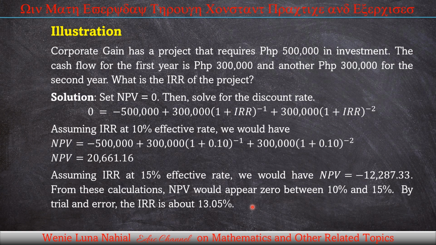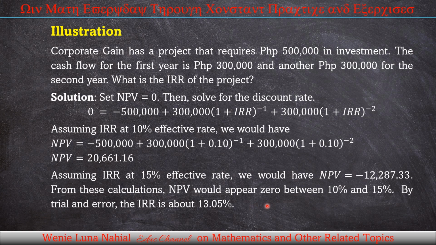So we have the idea that making the NPV equal to zero is going to happen if we consider effective rates between 10% and 15%. So you have to do the so-called trial and error. And in this particular illustration, the IRR is about 13.05%.